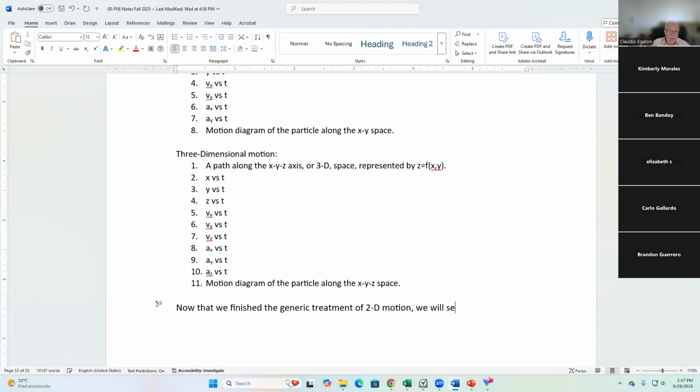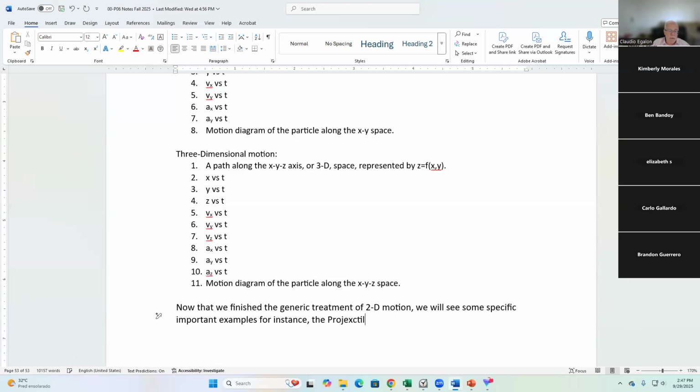We will now see some specific, important examples so you can have a better grasp of how this type of motion is.